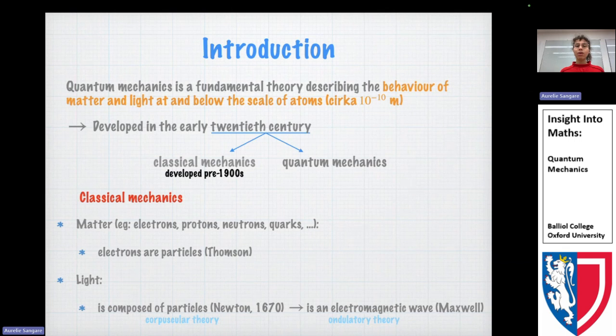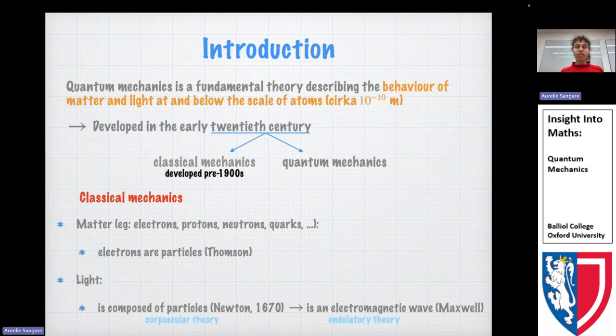So, at these scales, at very big scales, so the scale of planets and stars, classical mechanics and Newton's laws are a good description of the interactions in our universe. However, as we go to smaller and smaller scales, and when we arrive at the scale of atoms, this is no longer true.